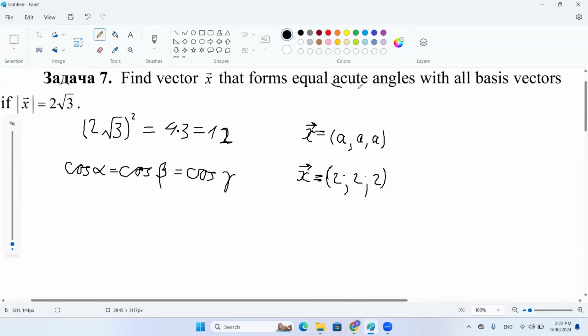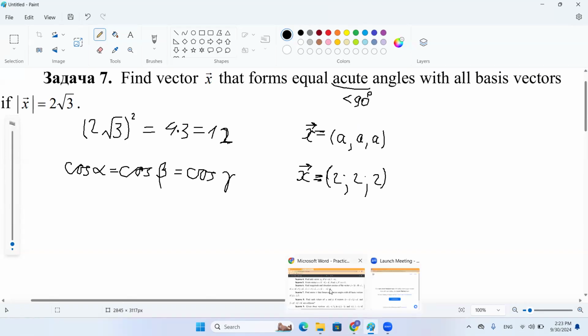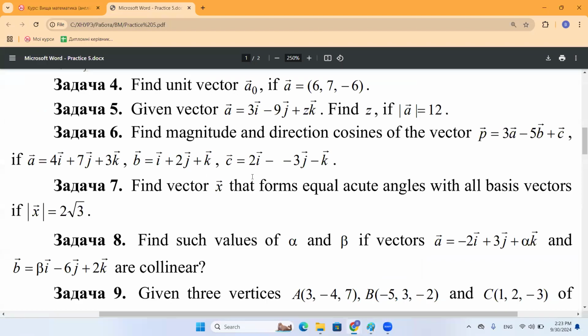Acute angle means that it's less than 90 degrees. So all coordinates are positive. Okay, no negative. Yeah, so that's important. Okay, and now let's continue.